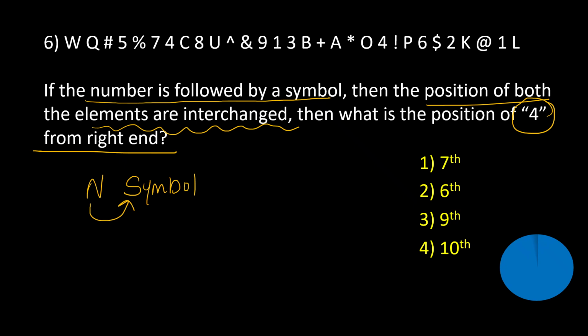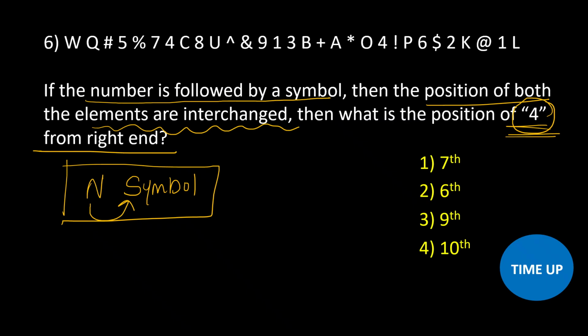Where is 4? What is the fast approach here? Instead of looking for the number and symbol pattern, you just look for the position of 4. Can you see 4 from the right end? Yes, I can see it. Now check, 4 is followed by a symbol.